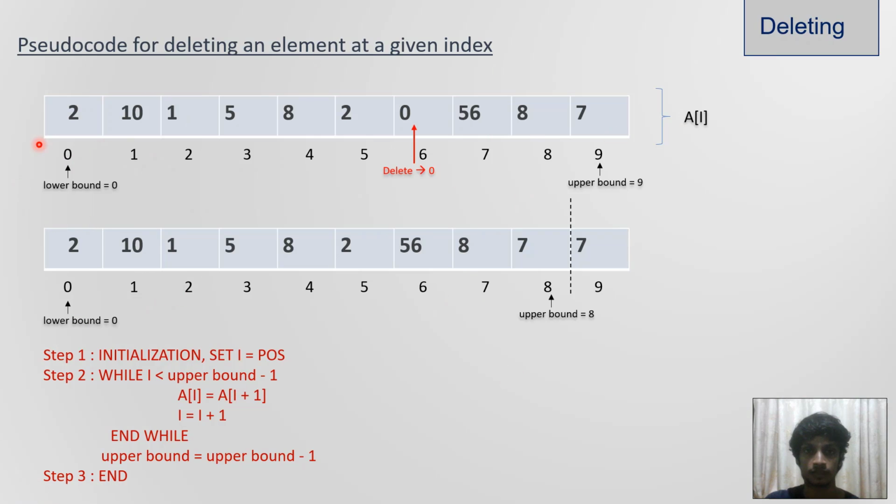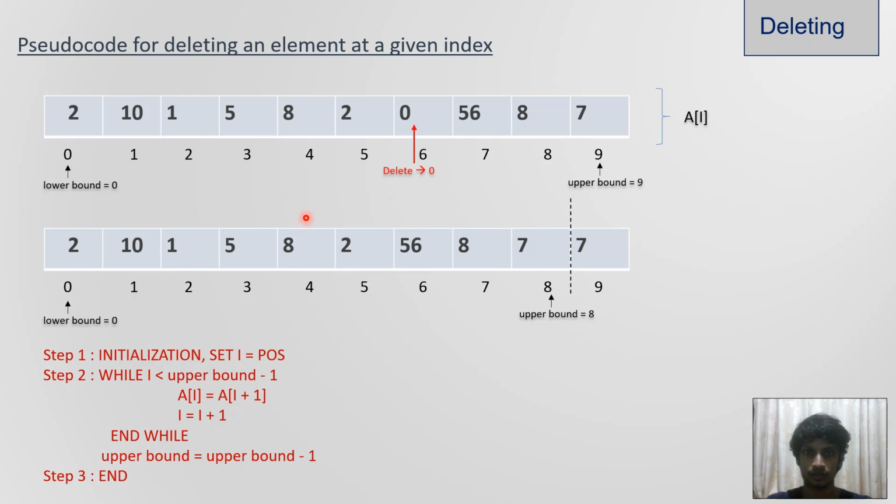So let's assume this is our first array, and we are going to delete this element, 0, which is at the sixth index. Deleting this element is basically replacing each and every value by the next one.